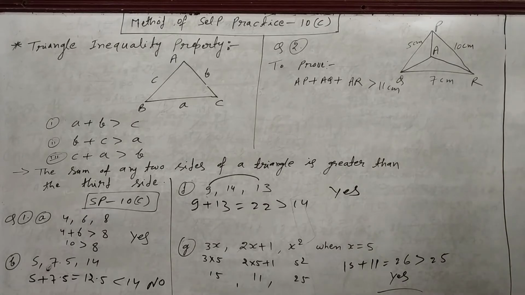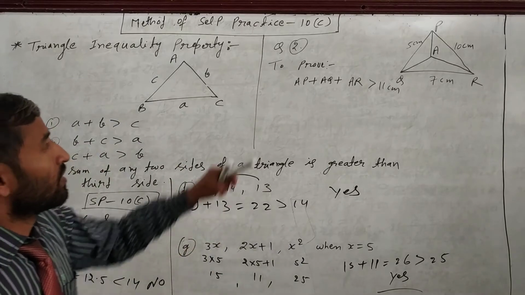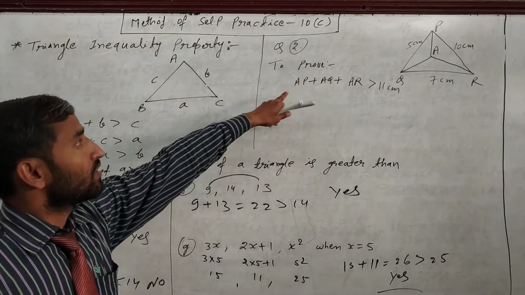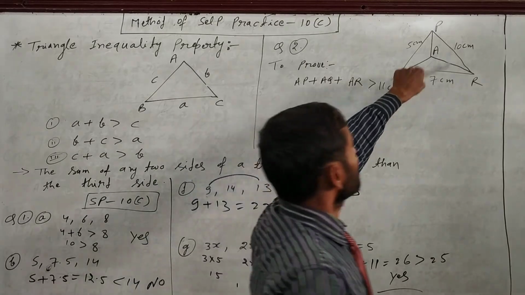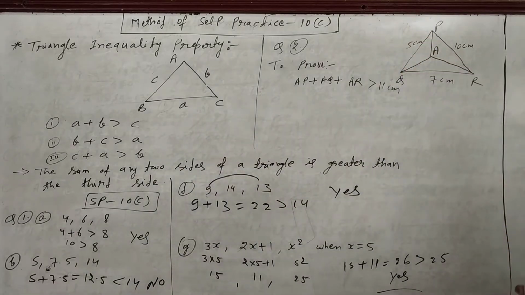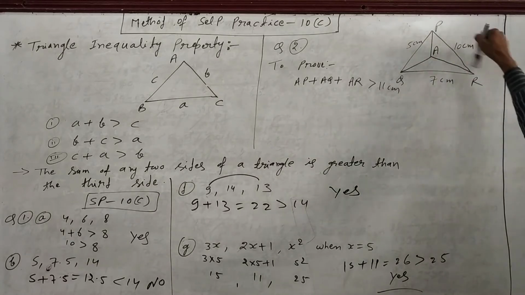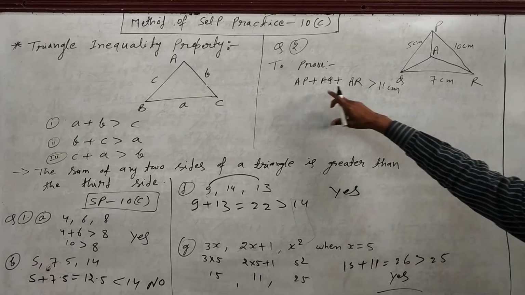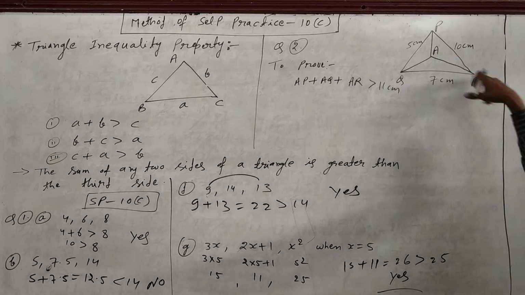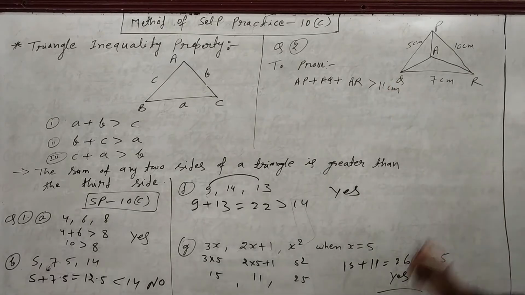Now next one, question number 2, where we have to prove that this is greater than 11 centimeter. Here triangle PQR is given and the sides of the triangle are given. PQ is 5 centimeter, QR is 7 centimeter, and PR is 10 centimeter. Now we have to prove that AP plus AQ plus AR is greater than 11. So how will it be possible?